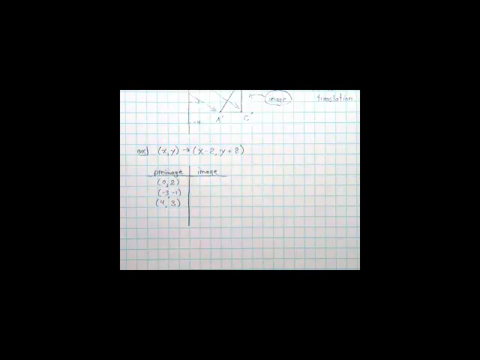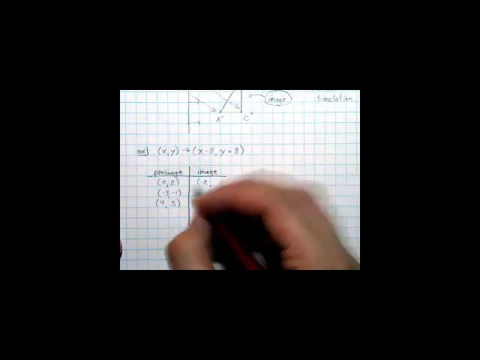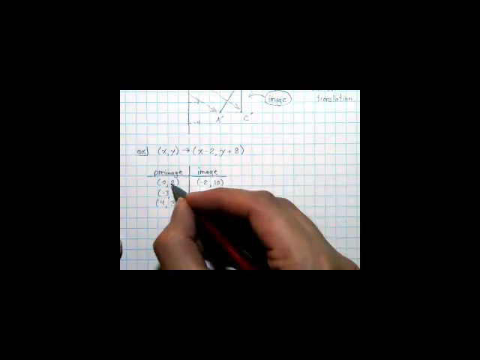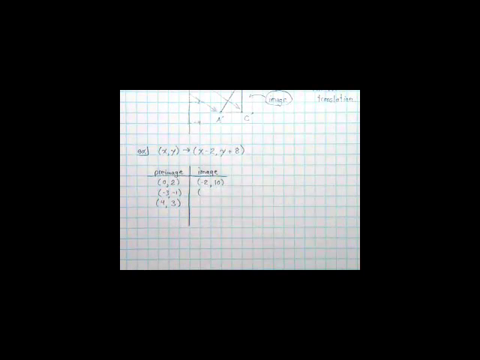Okay, so (0, 2). If my pre-image is (0, 2), what should I have as an image if I follow that rule? Yep. Negative 2, because 0 minus 2 is negative 2. And then 10, because if I plug the 2 in up here, 2 plus 8 is 10. Okay? So, real quickly, get the next two. Do those on your own, and then I'll write down the answers here in just a minute and you can check them.